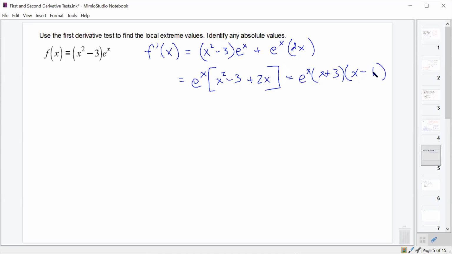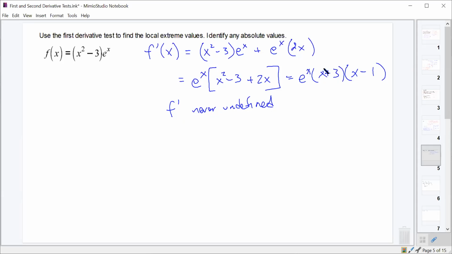Yeah. Okay, cool. So, first off, when is this undefined? Never. It is never undefined. Definitely true. I can take any number and do e to that power, right? That's just a number.